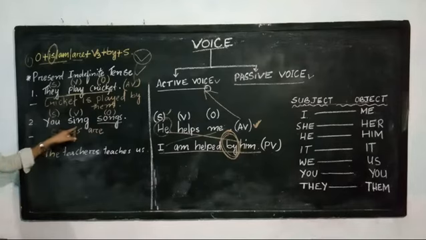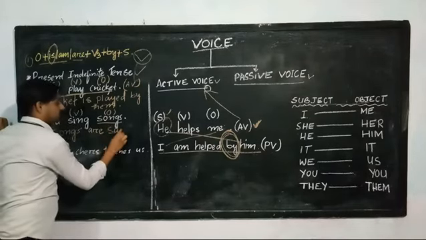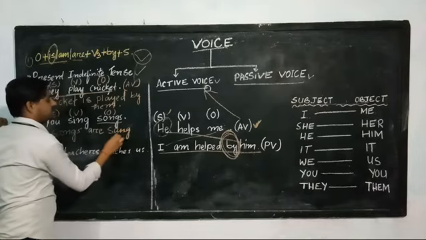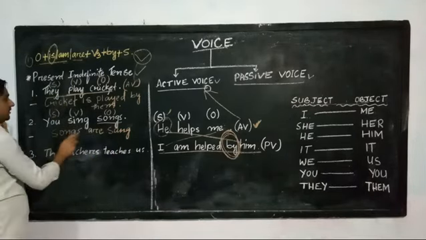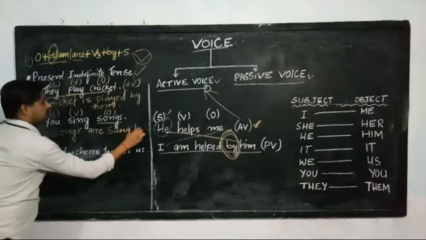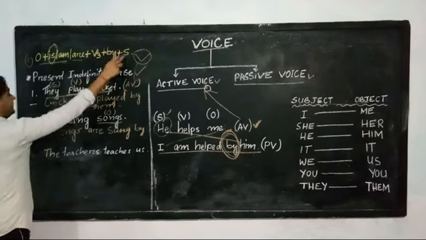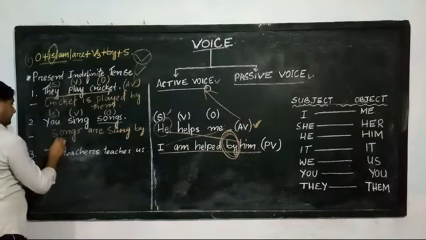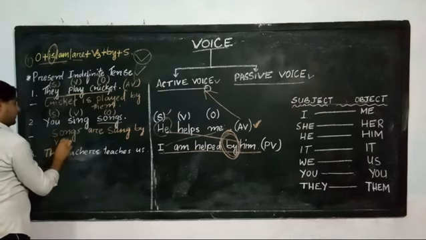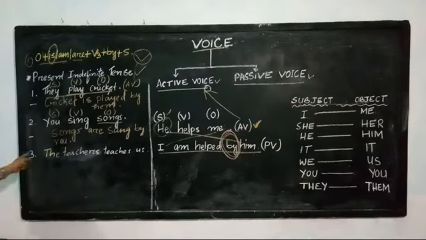Sing will become sung, the third form of sing. Songs are sung. Then what is there? By, plus the subject. What is the subject? You will remain the same. By you. Clear?